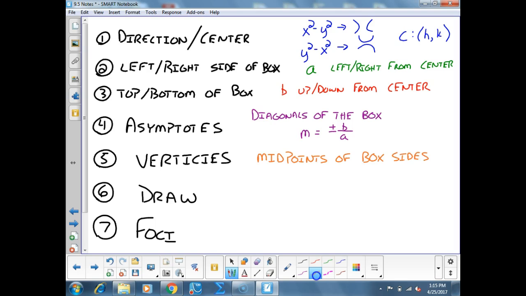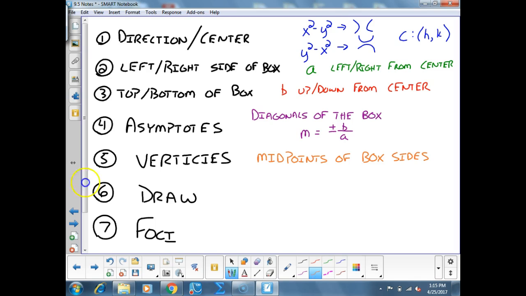Drawing is drawing, right? Remember, it's not a parabola. As it goes farther and farther out, it approaches the asymptote. It's not a parabola where it keeps growing away from the asymptote. It gets closer and closer to the asymptote.